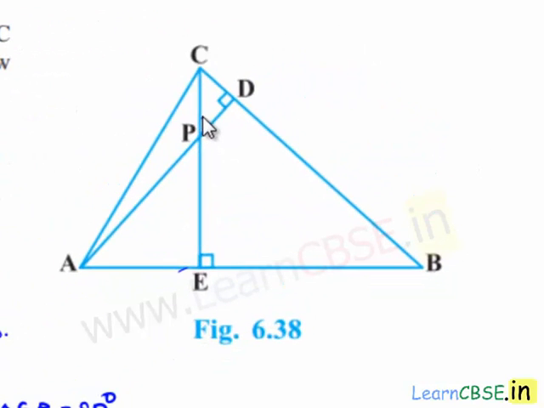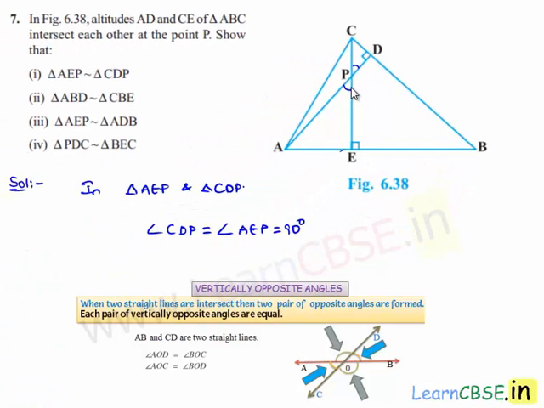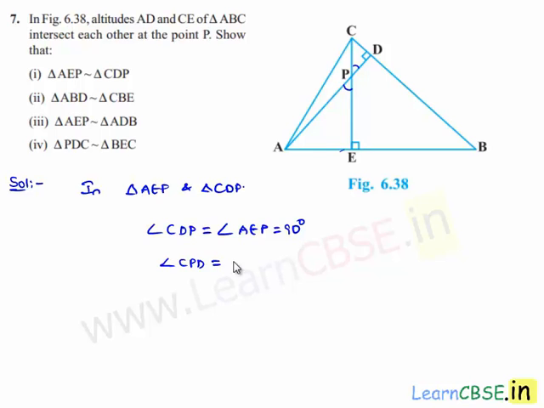And also angle CPD is equal to angle APE because they are vertically opposite angles about the common point P. So vertically opposite angles about the common point will be equal. So here we can equate angle CPD is equal to angle APE since they are vertically opposite angles.